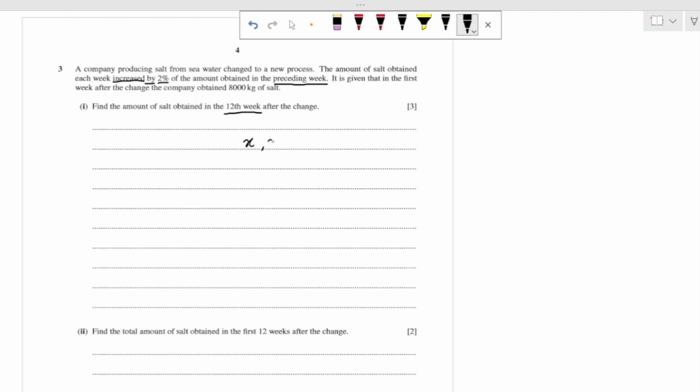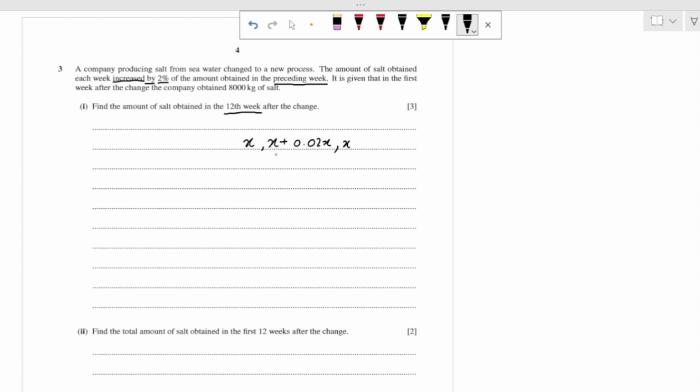So they're saying it increased by 2% of the amount obtained in the preceding week. So for the next week, the amount of salt will be the original value plus 2% of the value in the previous week, and 2% of the value in the previous week would be 0.02x. Similarly, for the third week, we take x as the original value, but you do have to remember that you then need to apply the same concept. x plus 0.02x.